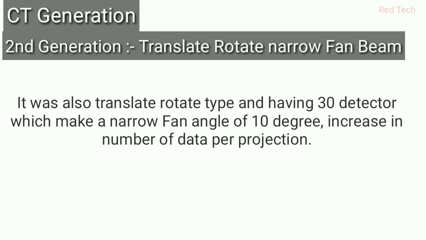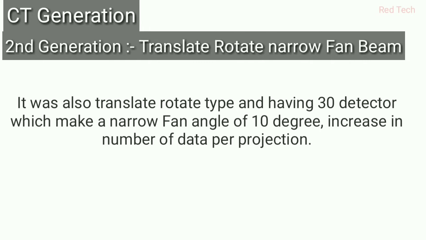In this second generation, the data per projection increases because of using 30 detectors and a narrow fan beam, where the angle made by the narrow fan beam is about 10 degrees. It is also called translate rotate narrow fan beam.